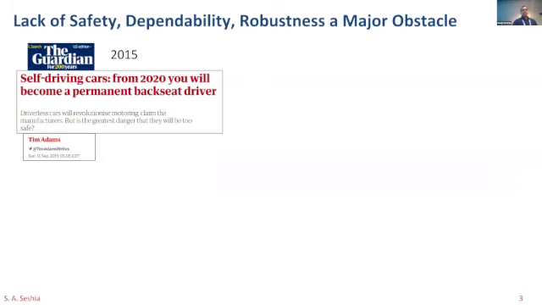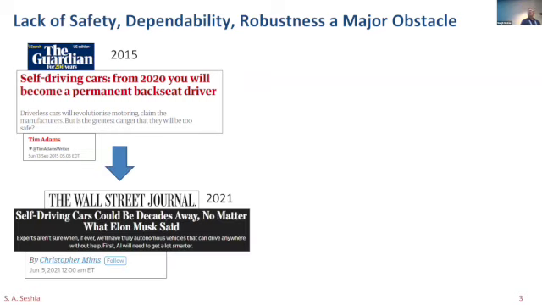Those of us who were following the news about 10, 15 years ago will remember the rosy predictions that self-driving cars would be widespread and on the roads by 2020. Well, 2020 came and went, and realism set in, pessimism set in. And I think people realize that this is a much harder problem than they originally thought or marketed it to be.